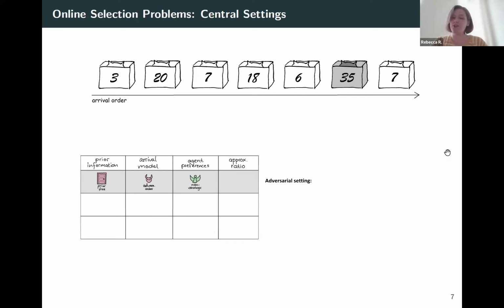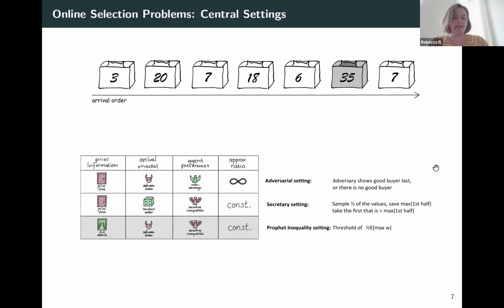So these values are not just a value, but they are a valuation function that depends on the signals of the others. Now, as an overview, all of these things that I said here with the simple algorithms that get you from like infinity to constants, they all depend crucially on the assumption that things are independent.